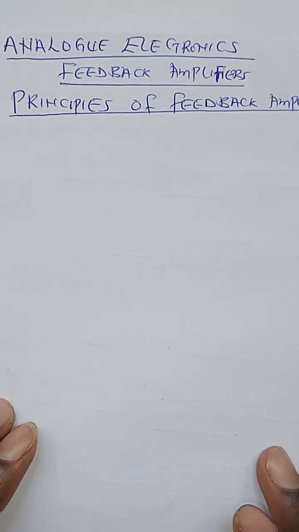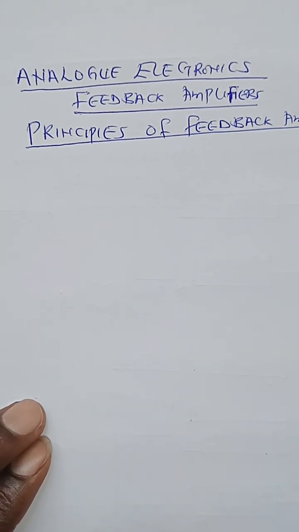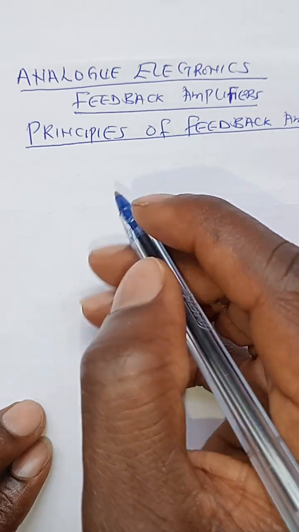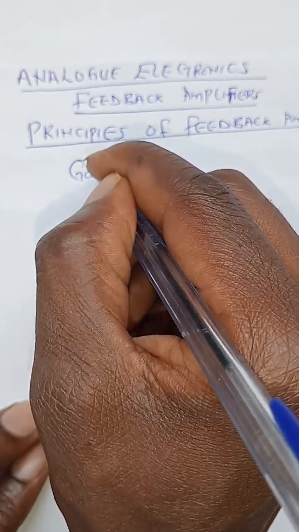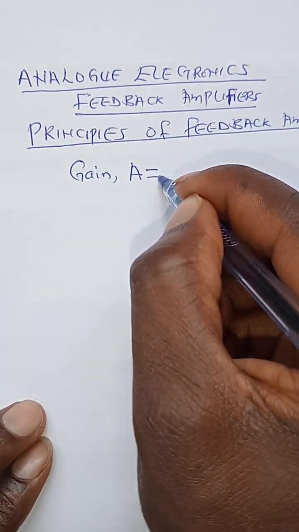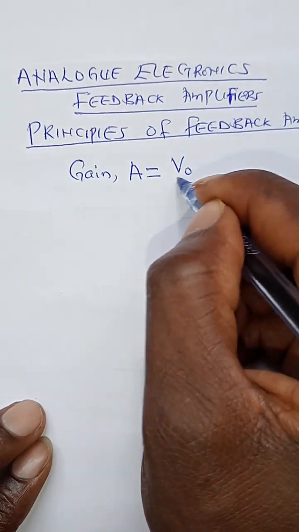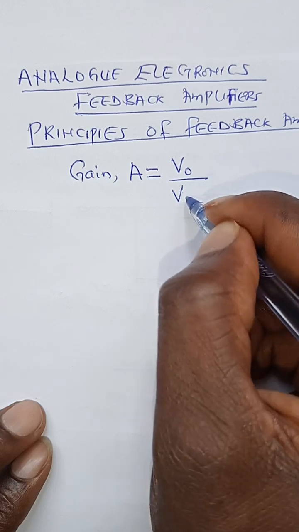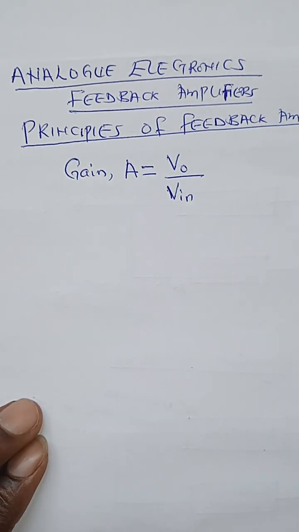In other words, for amplifiers without feedback, assuming we have gain A, the gain is given by the ratio of the output voltage Vo to the input voltage Vin.